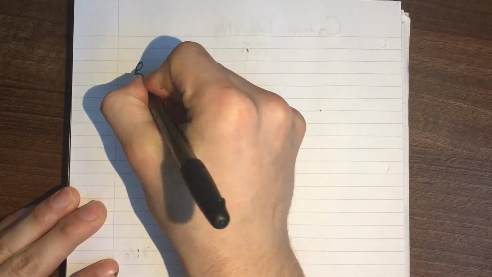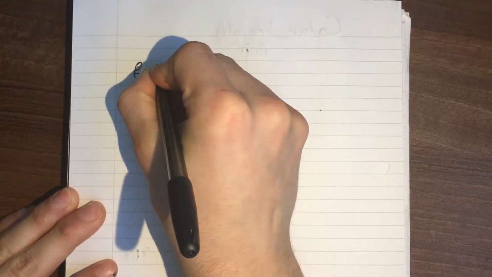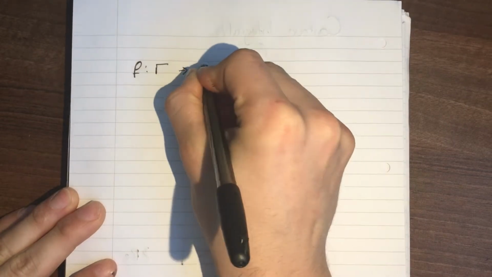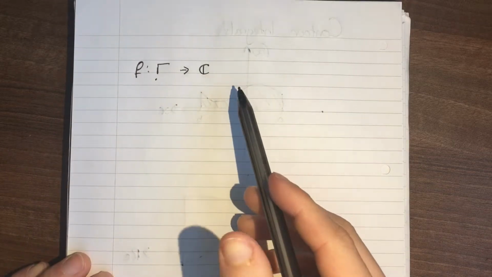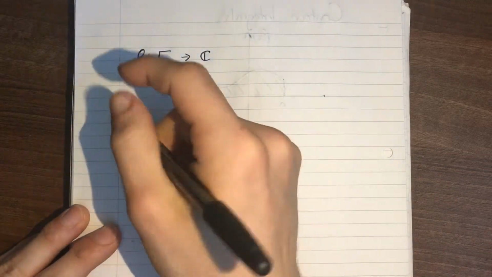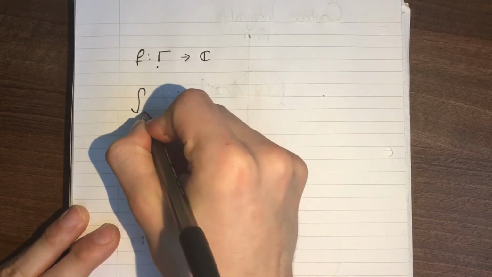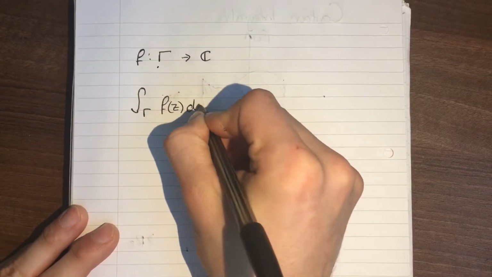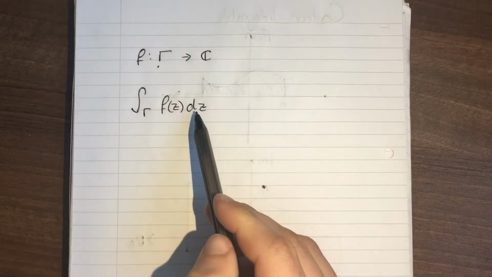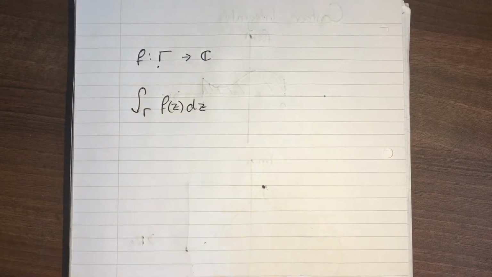So what would an integral look like? Say we have a function that goes from our curve to the complex plane. So what this means is a function takes values along our curve and gives us back complex numbers. And we want to integrate over our curve. We'll do f of z dz, where z are the complex numbers that lie on this curve.